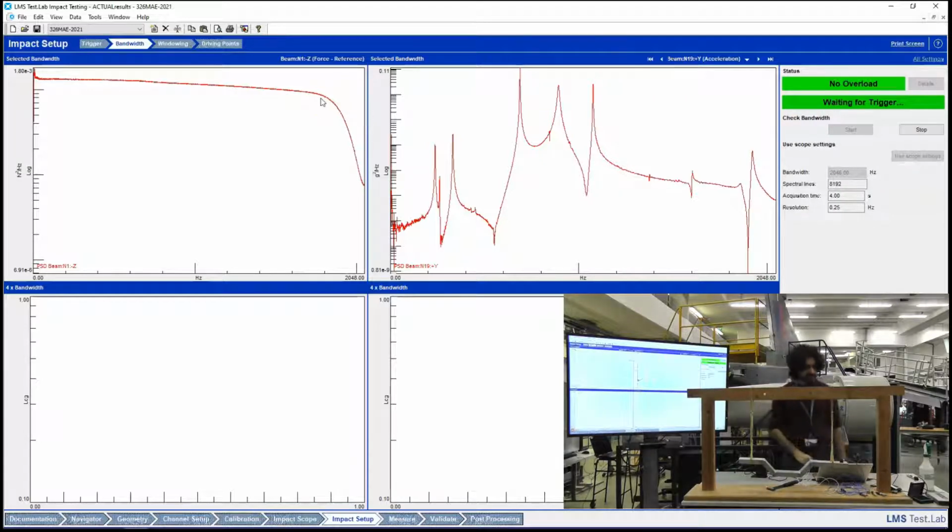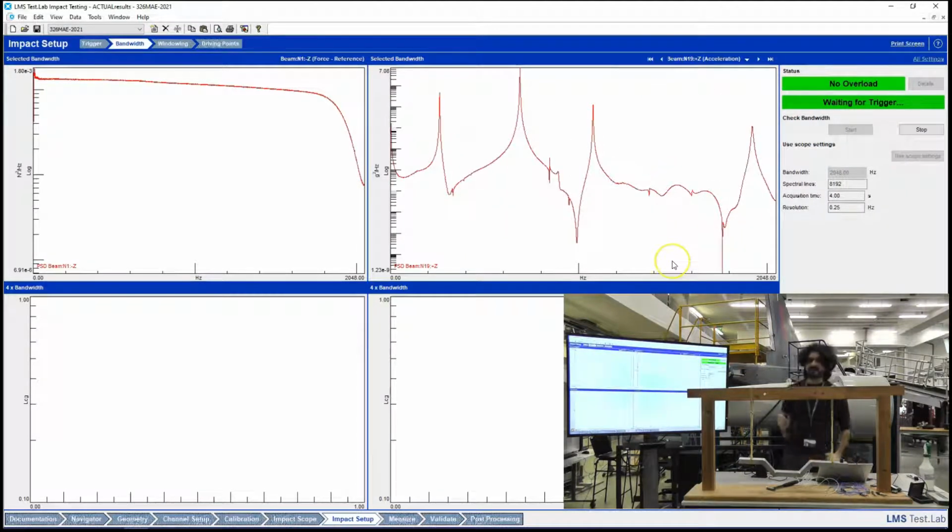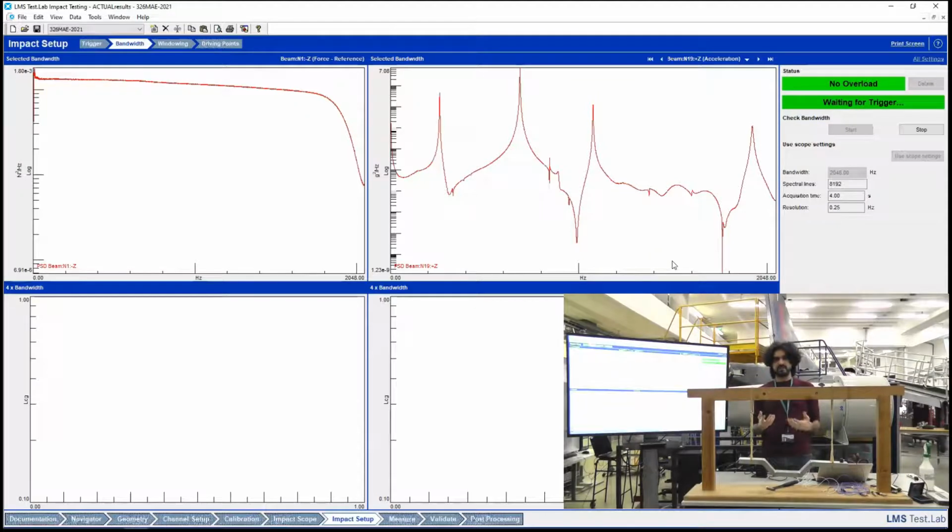the spectrum. This one is the FFT of the accelerometer. Now this is the X, this is the Y-axis. Let's change this to the Z-axis. So this is the Z-axis of the accelerometer. As you can see, it's got peaks. And now the frequency response function: the response model that we can measure is just this curve divided by this curve.